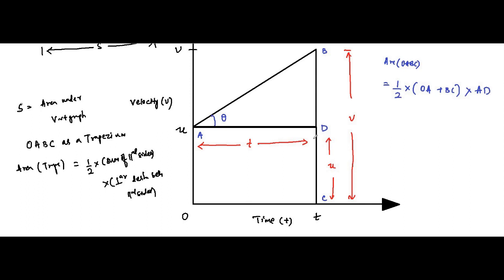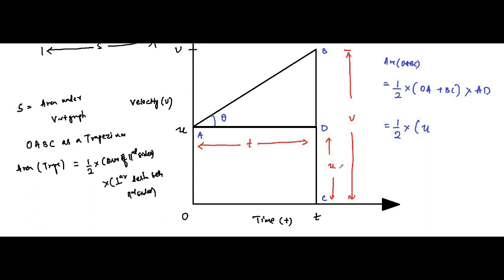Now here if you see, OA is nothing but CD, which is equal to u. OA is equal to u, so we'll substitute the value. Then BC is nothing but the final velocity v.